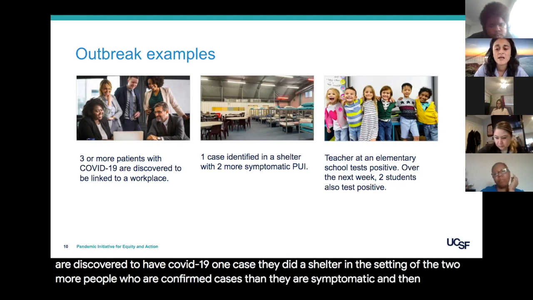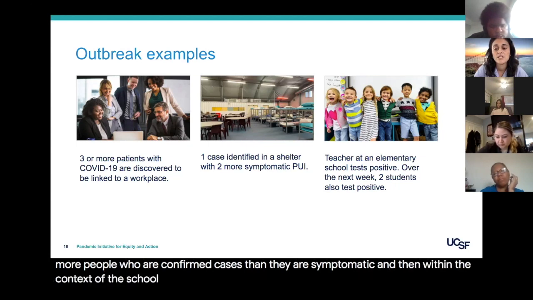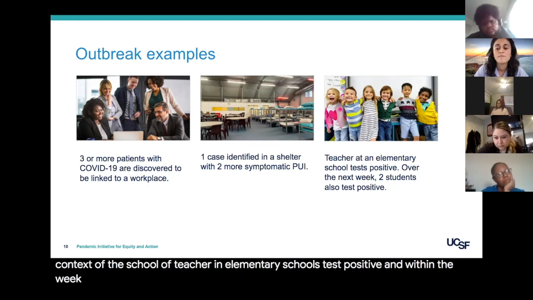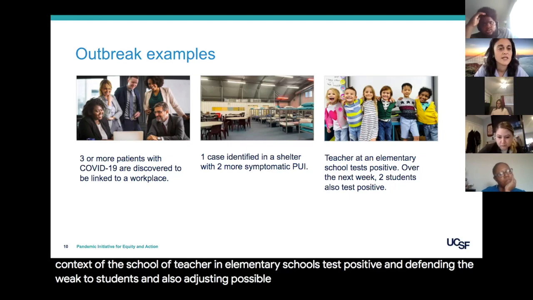And then in the context of a school, a teacher in an elementary school who tests positive, and within the week, 2 students also test positive. All different examples of outbreaks occurring in different settings. Next slide.